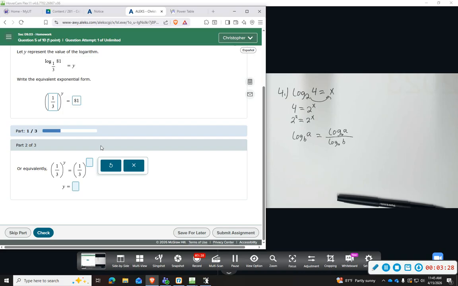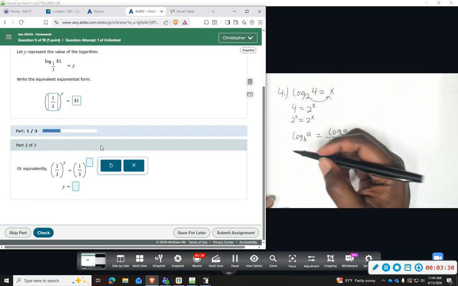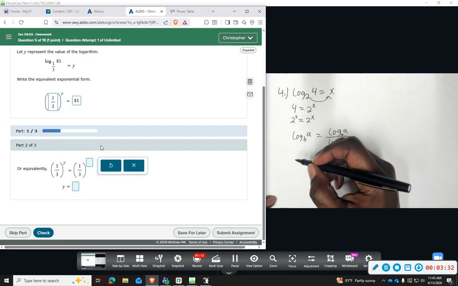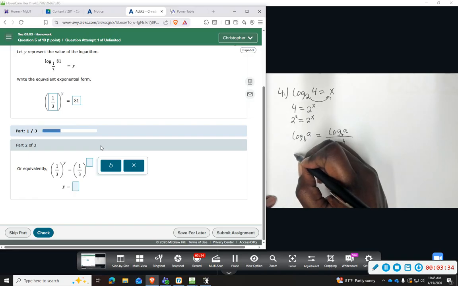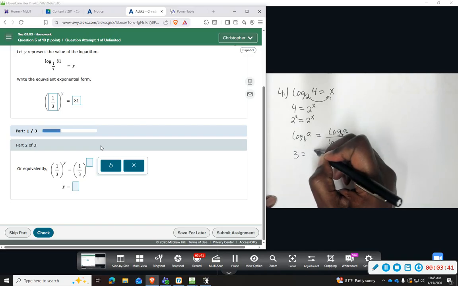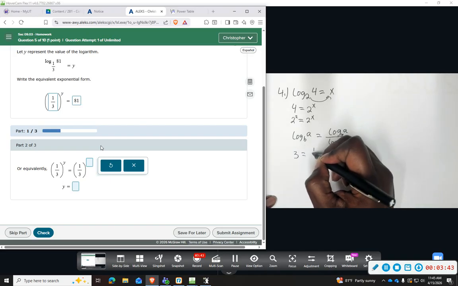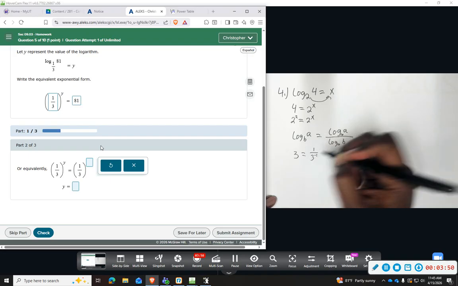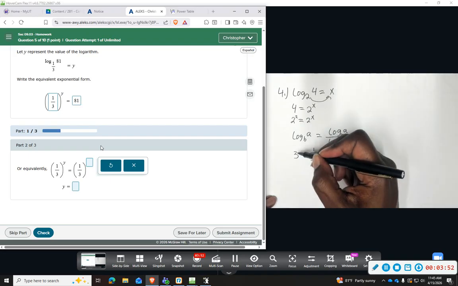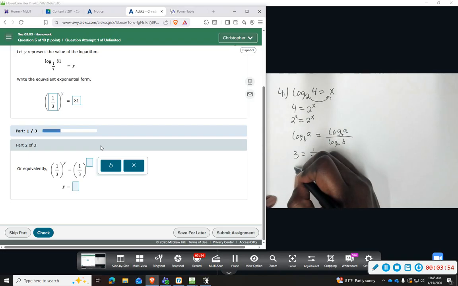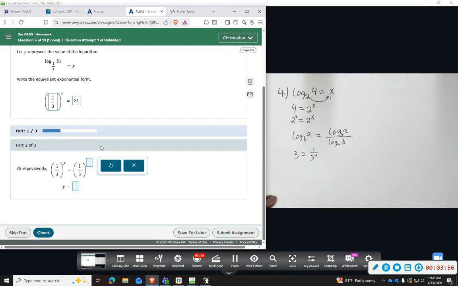The way we do that, there's 2 steps that I look at. The 3 can be written as 1/3. It's like 3 to the 1/3 to the -1 power. So since we have the positive 81, I first want to get a base of 3 because of the base of 3 here.